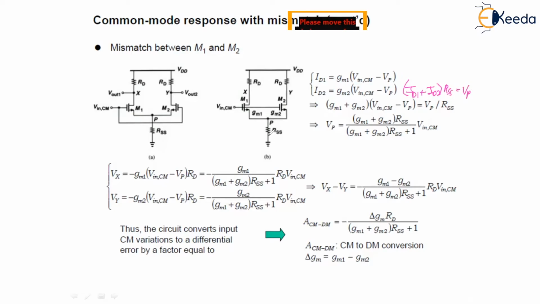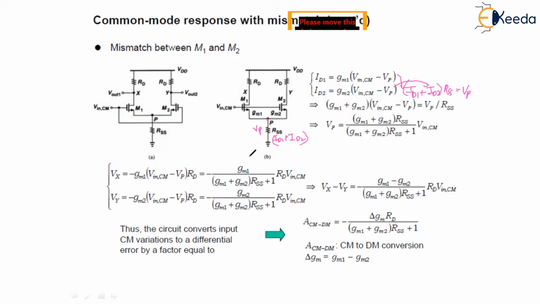The total current in this branch is equal to ID1 plus ID2, so the voltage drop is Vp equals (ID1 plus ID2) into RSS. Solving this, substituting ID1 and ID2, we get Vp equals (Gm1 plus Gm2) upon (Gm1 plus Gm2) RSS plus 1, into Vin,CM.